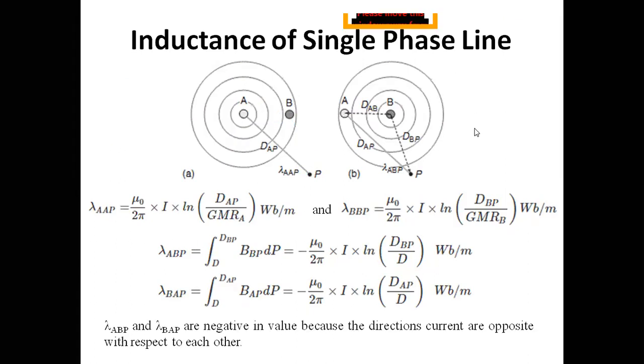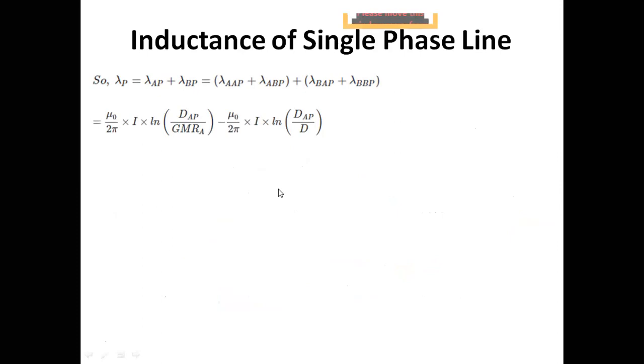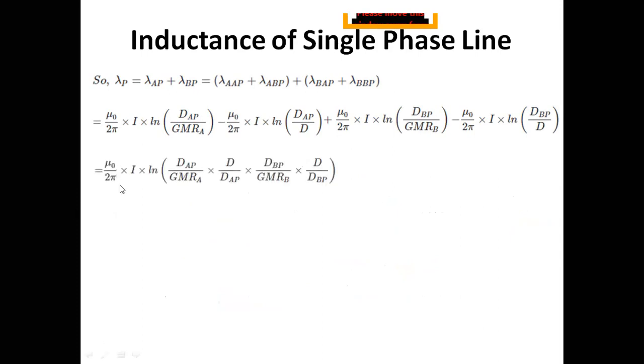Next, take the summation of these 4 flux linkages. Here we have a minus sign in the mutual flux linkages, and this is because of the opposite direction of currents IA and IB. If we take the summation of these 4 flux linkages, you have this expression, and after taking everything common, that is mu naught divided by 2 pi into I ln D within the first bracket, you have to take the multiplication.